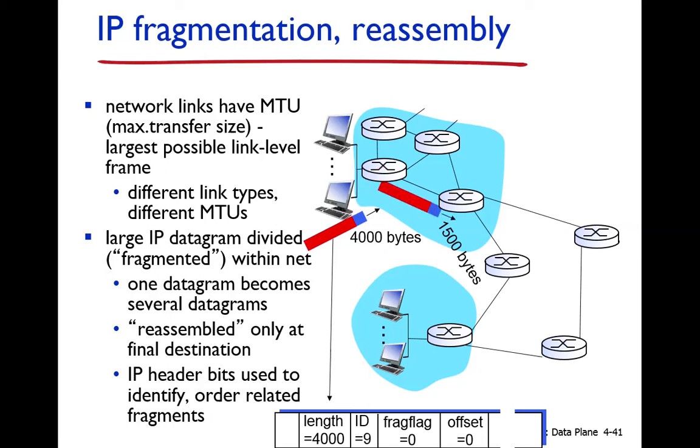Now when this packet is received by this router, it has a forwarding table, which says that this packet should be forwarded to this next router. When the packet is to be forwarded, this link is examined for its maximum MTU, the maximum size of the packet for this link.